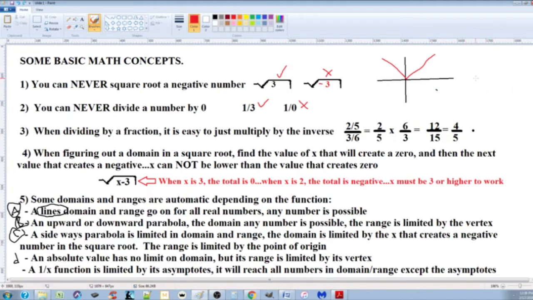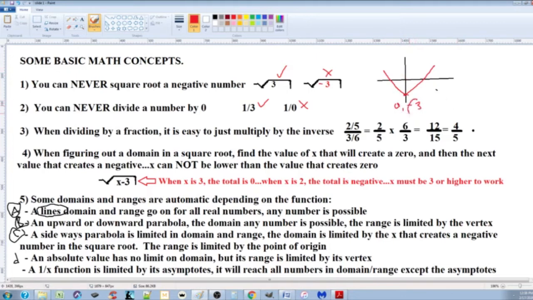But y is limited by its vertex. It's here. In this case, it's 0, 0. So there's my y value, and upwards. So y must be bigger or equal to 0. Again, that's going to change because you can have translated absolute values that start here. Let's say it's that vertex. Let's say it's 0, minus 3.